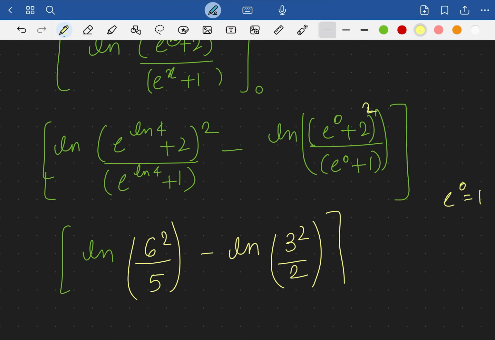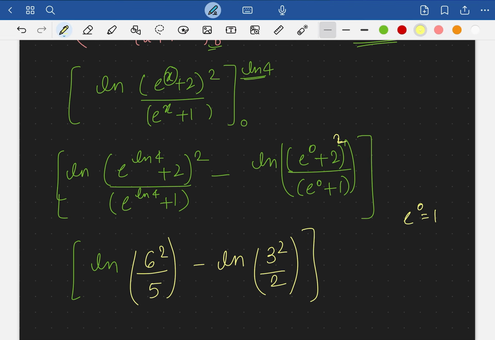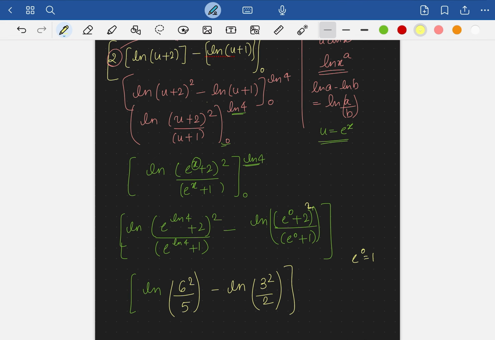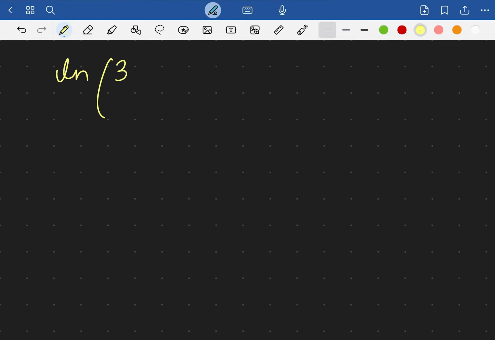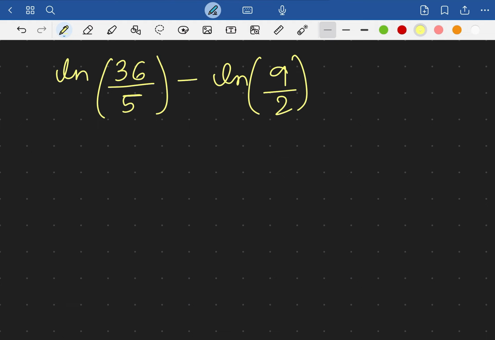Now again ln a minus ln b, so I can again use the same formula, that is ln a over b. Once I simplify that, I will get 6 square will be 36 over 5 minus ln 3 square, that would be 9 over 2.